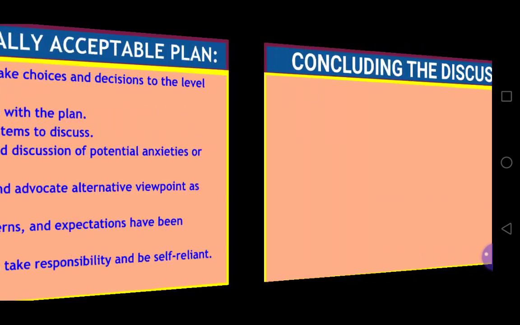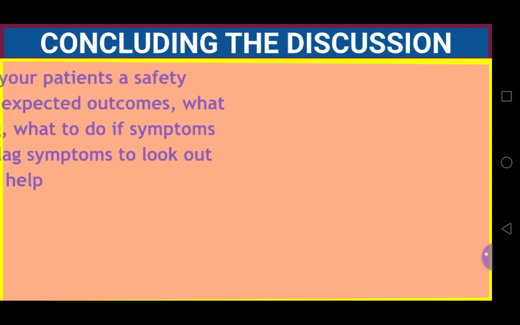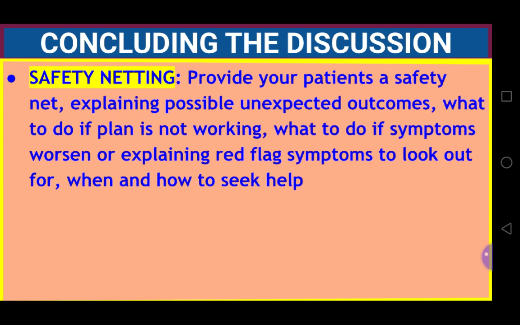After all these discussions, you will conclude the consultation by safety netting. Provide your patients a safety net explaining possible unexpected outcomes, what to do if the plan is not working, what to do if symptoms worsen, or explaining red flag symptoms to look out for, when and how to seek help.